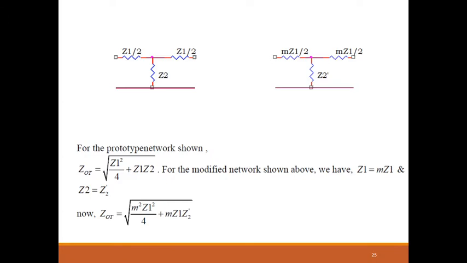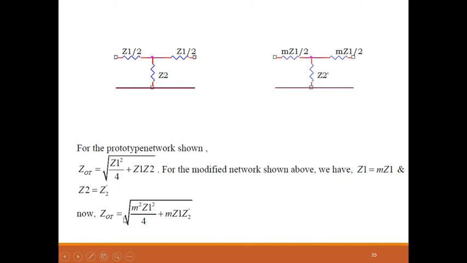For the modified network this is applicable, but we have introduced M as well as the notation also changed. Accordingly we need to find the new characteristic impedance Z0T. It should be equal to the square root of, where Z1 is replaced by M into Z1 and Z2 is replaced by Z2 dash.